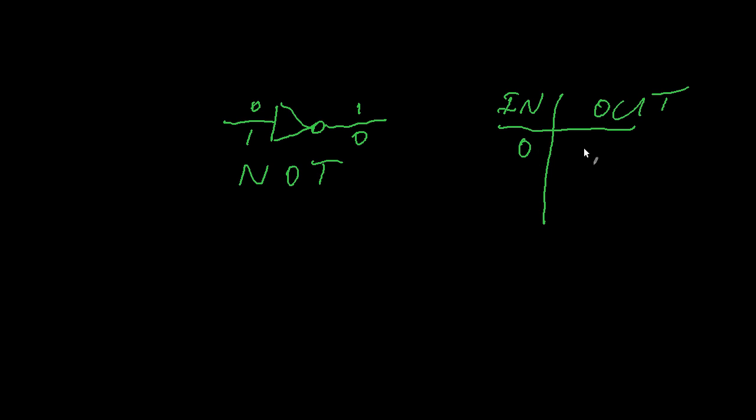So if we put a 0 here, we get a 1 here. If we put a 1 here, we get a 0 there. And we can draw our truth table over here with our in and our out. And it looks like this: 0 in, 1 out, 1 in, 0 out.